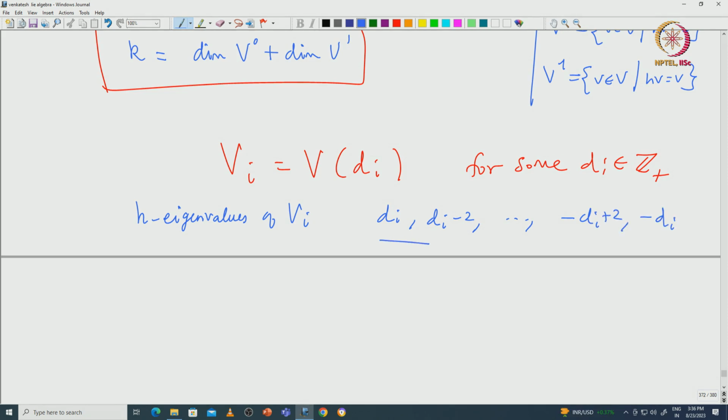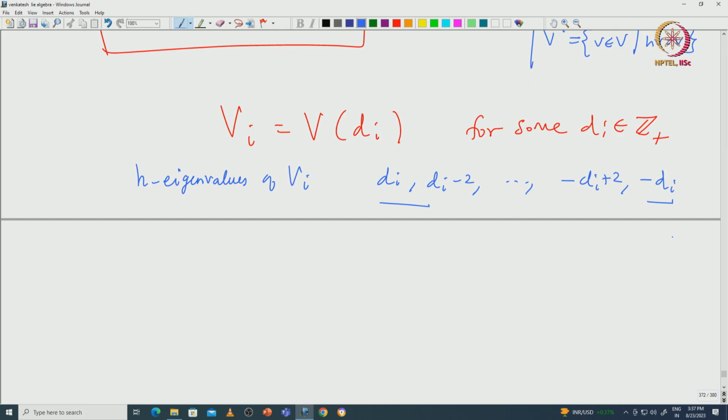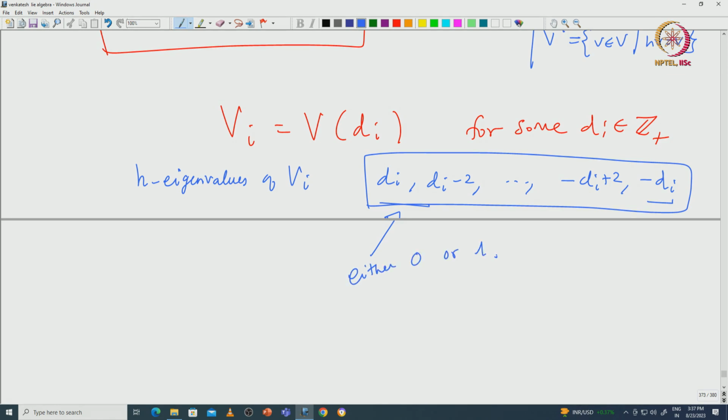Okay. So, every time it jumps 2, goes down and reaches minus d i. So, that means for any given non-negative integer d i, this sequence d i to minus d i will contain either 0 or 1.